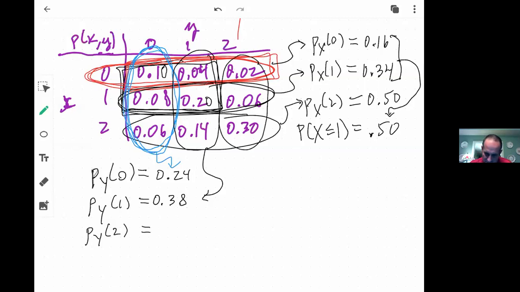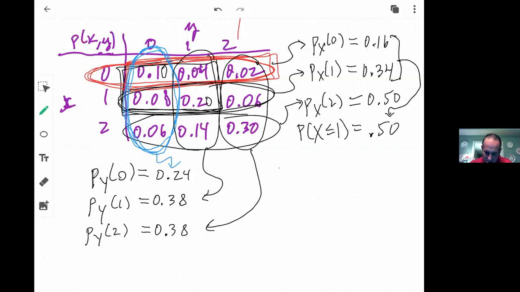So over here we have the marginal PMF for X, and we have the marginal PMF for Y.